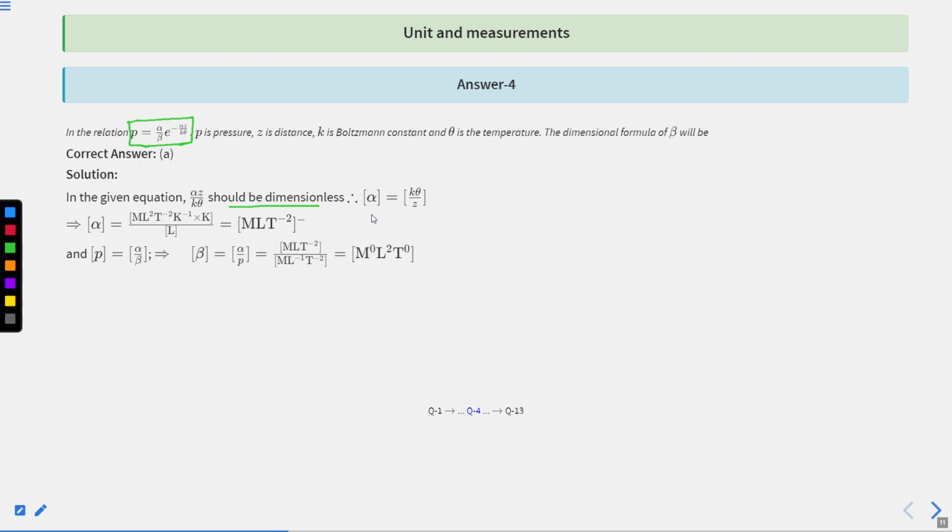So the dimension of alpha equals the dimension of k theta by z. So this is the dimension of alpha by calculating this method, and P is alpha by beta. So after calculating, the answer is M^0 L^2 T^0. The correct option is A.